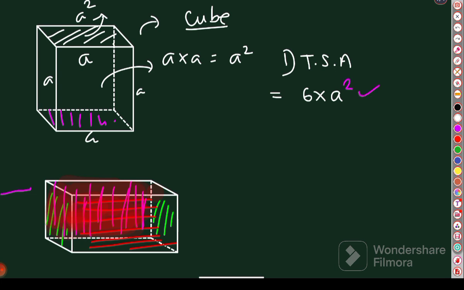If I want to find out the lateral surface area, there will be four surfaces. The total surface area is 6 square, in the case of a cube, not in the cuboid. Cuboid we'll discuss just now.